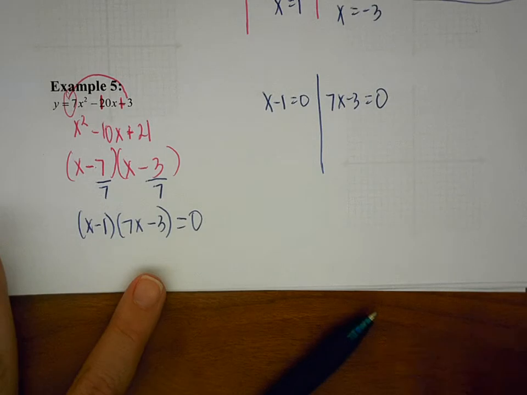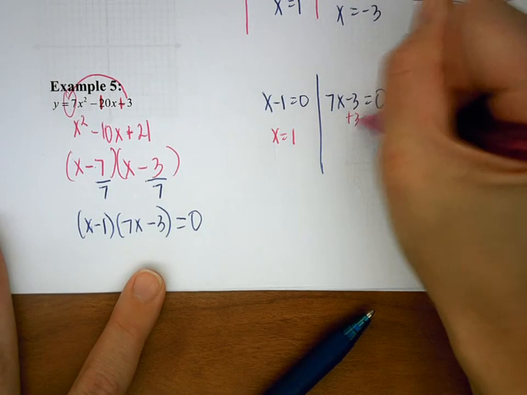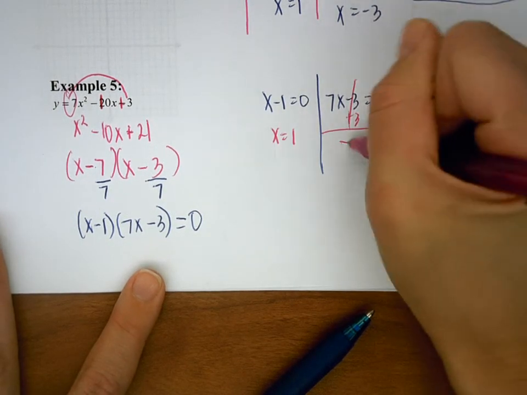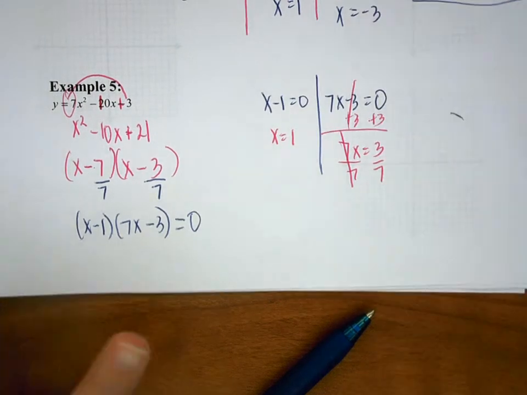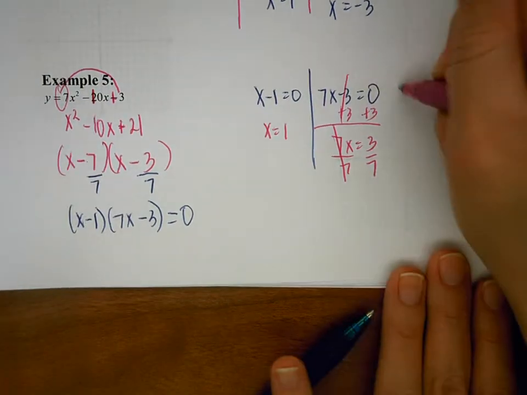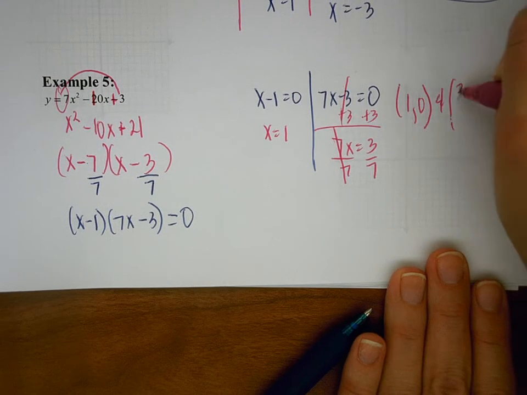So here we get x equals 1. Here I add 3. 7x equals 3 and divide by 7. So what are my ordered pairs? Good. 1, 0, and 3 over 7, comma 0.